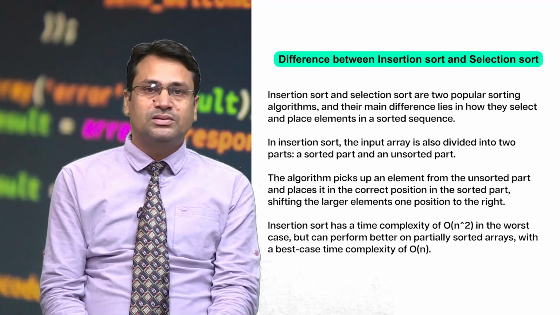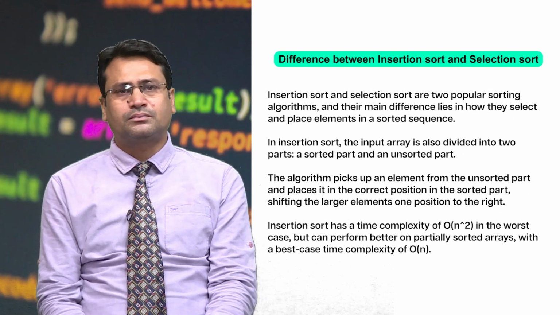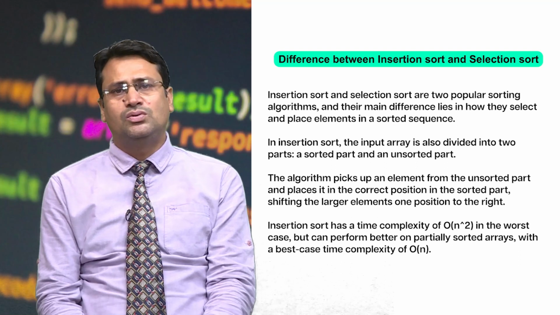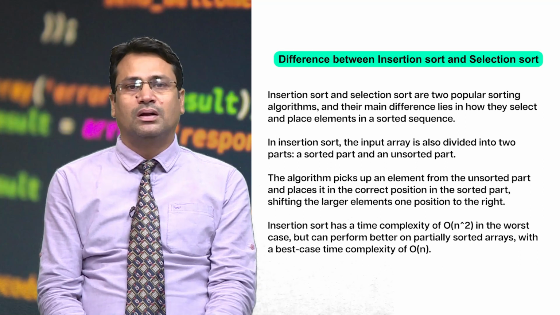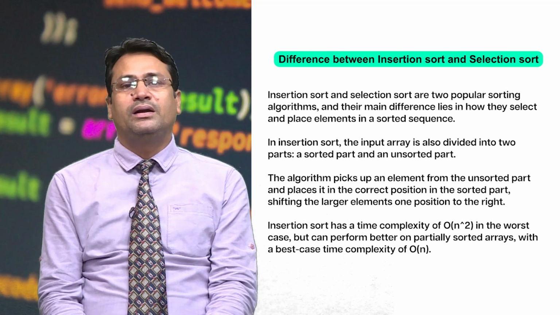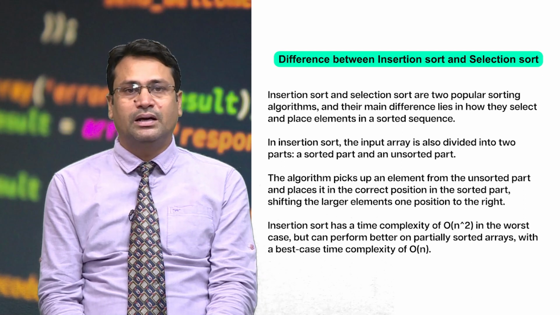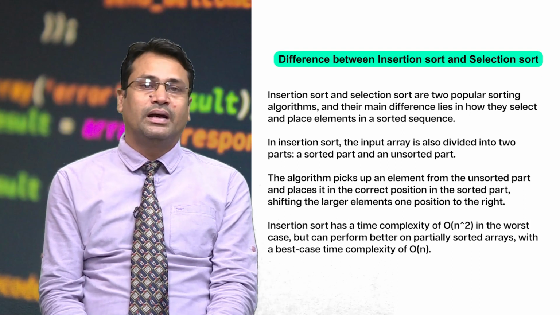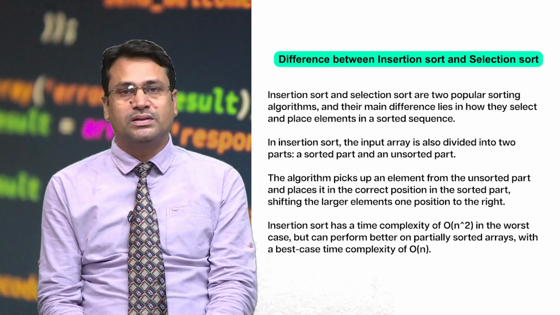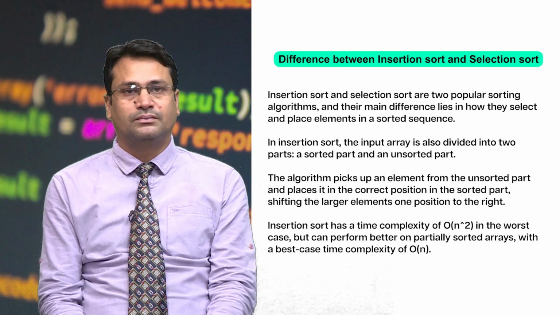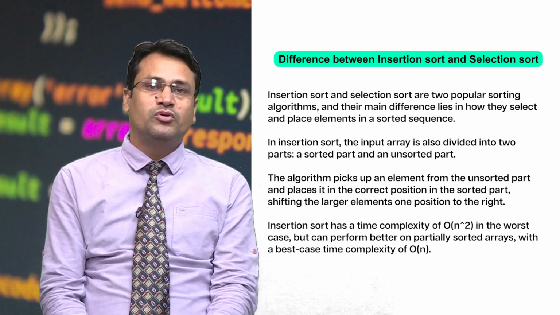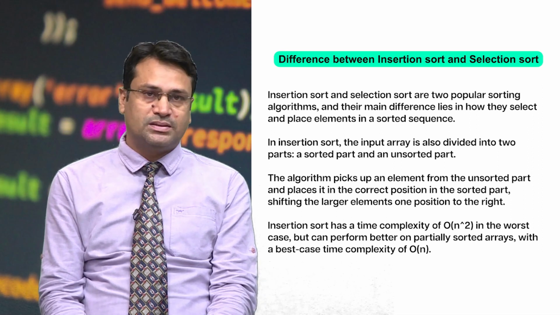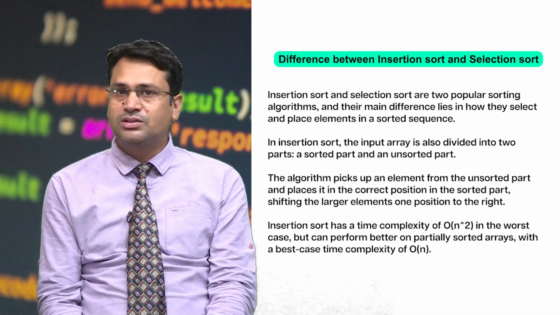Difference between insertion sort and selection sort. Insertion sort and selection sort are two popular sorting algorithms, and their main differences lie in how they select and place the elements in the sorted sequence. In insertion sort, the input array is also divided into two parts, a sorted part and an unsorted part.